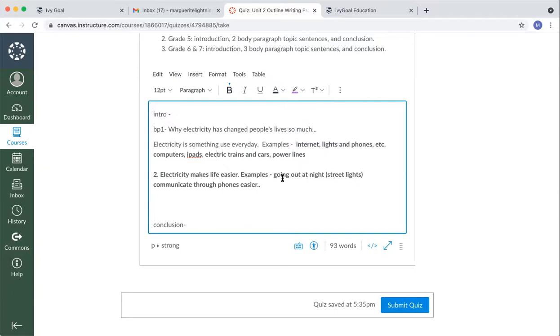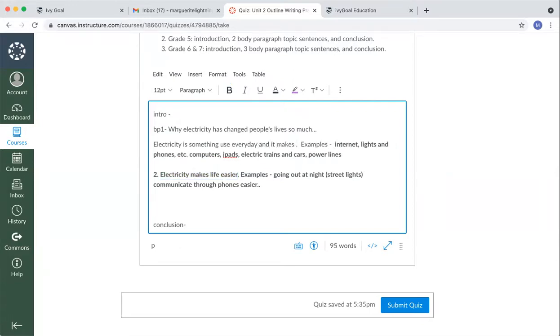How could I do that? Maybe I could use some keywords from 2 and copy and paste it into 1. What do you think I should add in there? I think you can put the first sentence in the second one, combining with the first sentence in the first one. You can say electricity is something that we use every day and it makes our life easier.